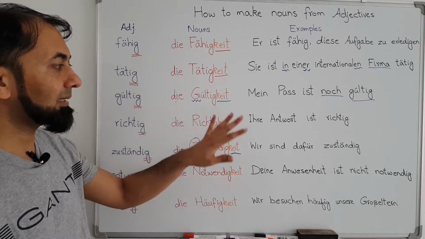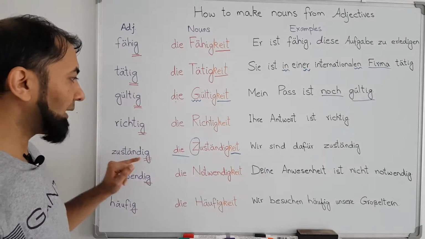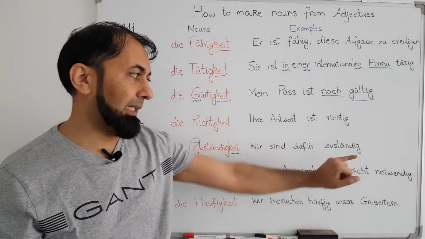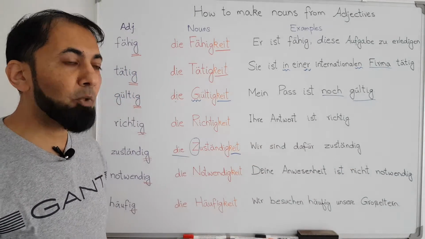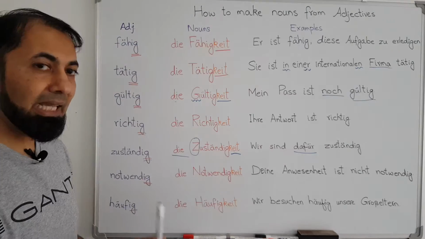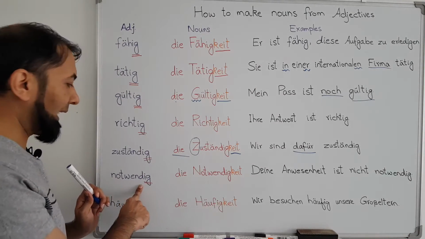Now let's make a sentence with this adjective. Wir sind dafür zuständig. We are responsible for that. For that, dafür.